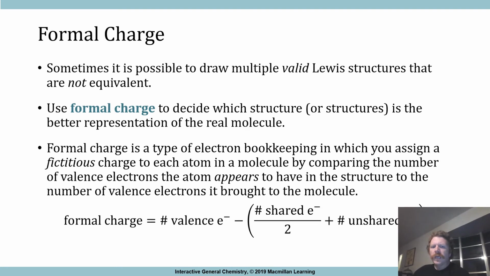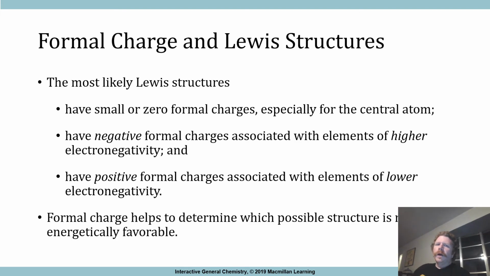So formal charge is calculated by saying valence electrons minus shared electrons divided by 2 plus the unshared electrons. Now, the most likely Lewis structure, and this is kind of a guideline and a rule, has a small or 0 formal charge, especially on that central atom.